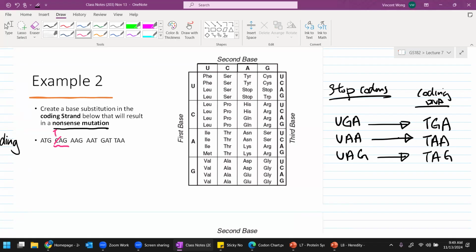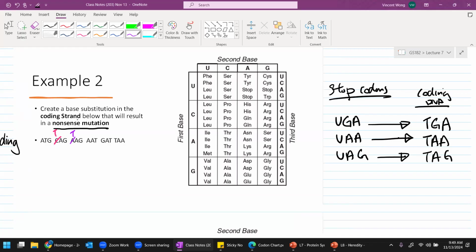Is there another possible answer? Which one? AAG. And how can you change AAG? To TAG, right? So both answers are correct. I want to emphasize on a test, you only do one of these, right? Not both.